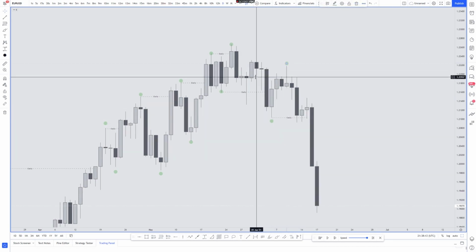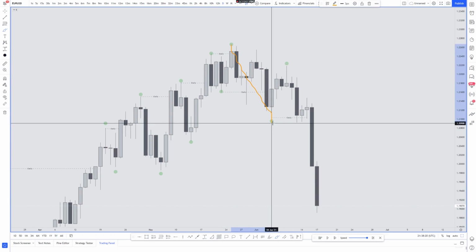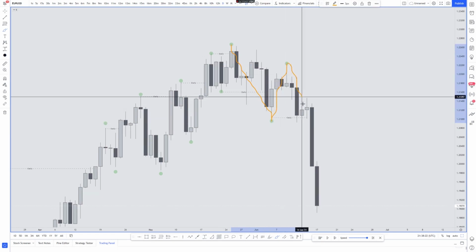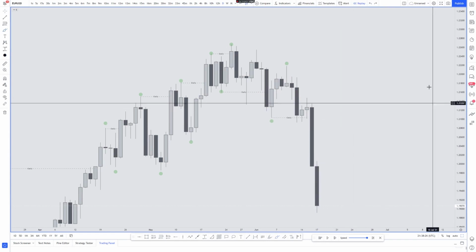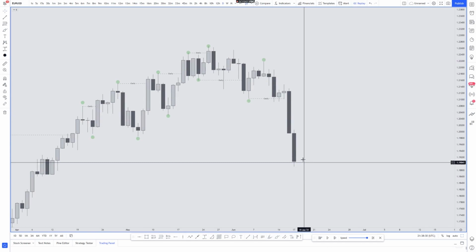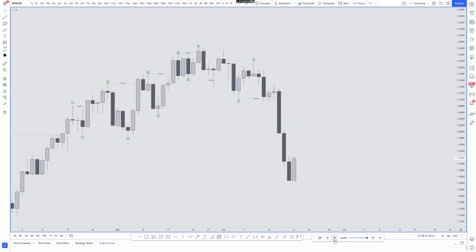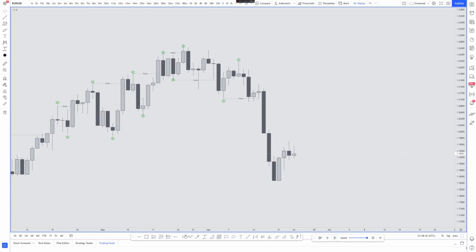So once again, we have a low point and a high point. So you've gone from an impulse up here, retracement, impulse down, continues on. Now we obviously have a new low, but the impulse hasn't ended. So we do get some sort of a pullback here.